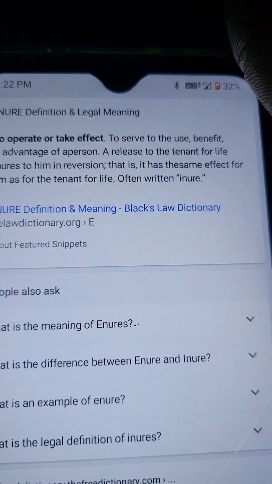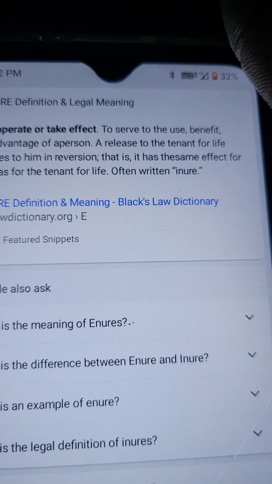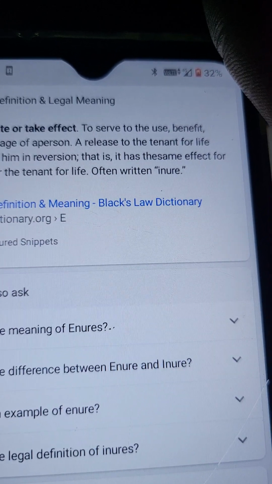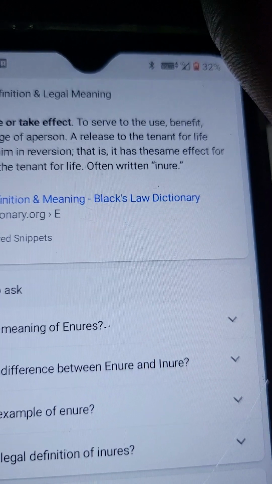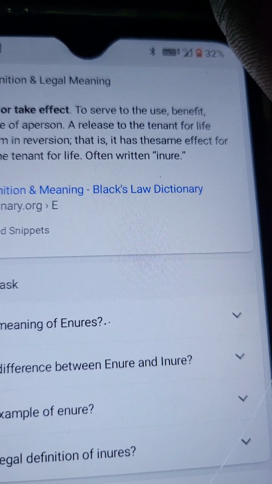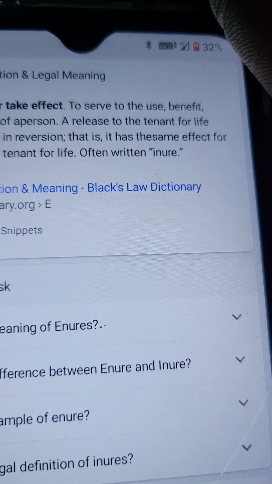A release to the tenant for life inures to him in reversion, that is, it has the same effect for him as for the tenant for life. Often written inure, to operate or take effect.